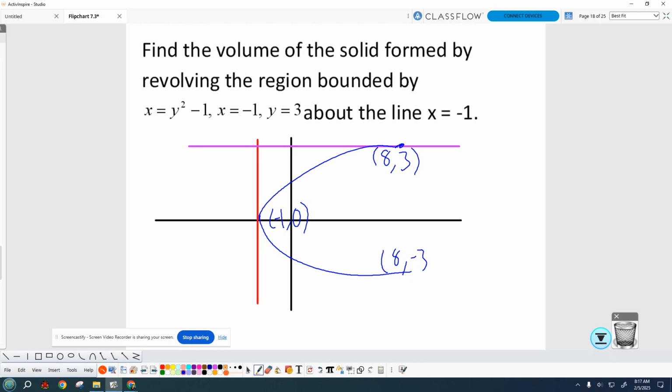Adrian, can you hash mark the space that we're gonna be spinning? So we need to find the volume of the solid formed by these 3 lines hitting each other.